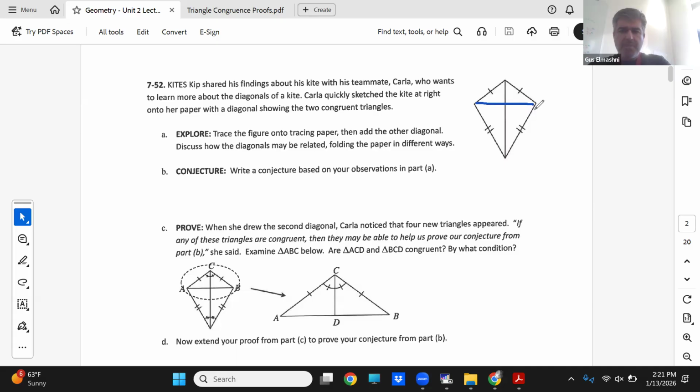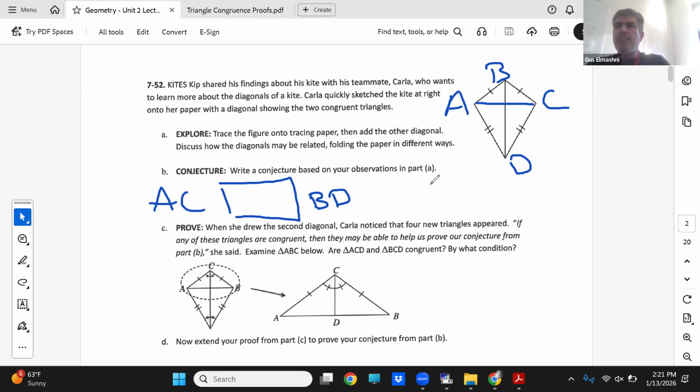I'm not sure what they want for this one. Discuss how diagonals may be related. Oh, I got it. Actually, what do you think is happening here? Now I got it. So let me label this. I know what they're getting at. How is AC comparing to BD?